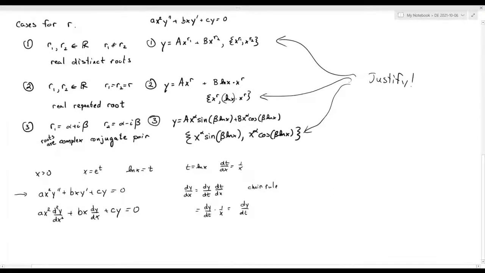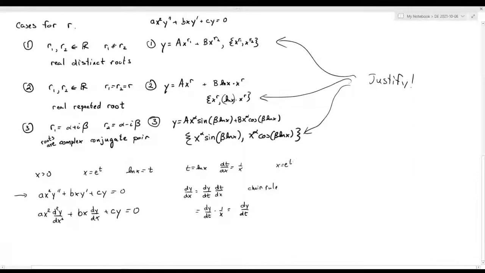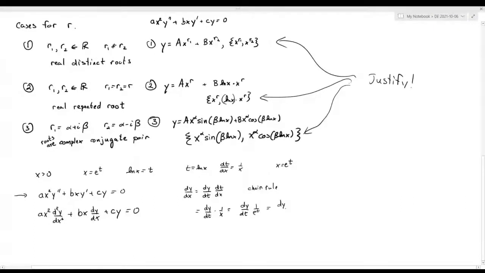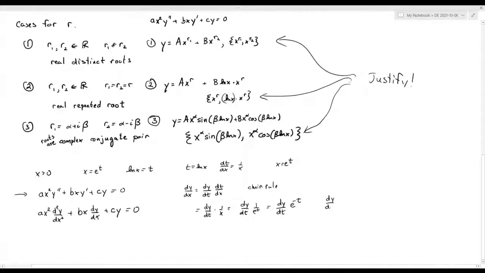But of course, we want no x's. We want to get rid of the old independent variable and bring in the new one, t. Since x is e to the t, 1 over x is 1 over e to the t, so we can write this as the derivative of y with respect to t times e to the minus t. So we have one formula here.